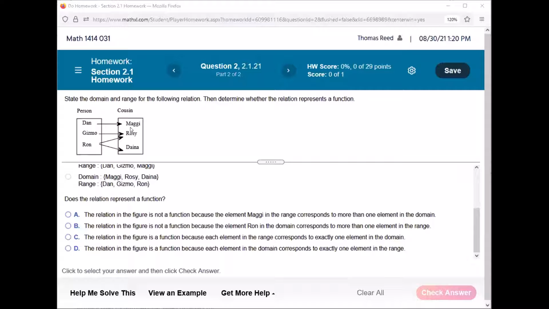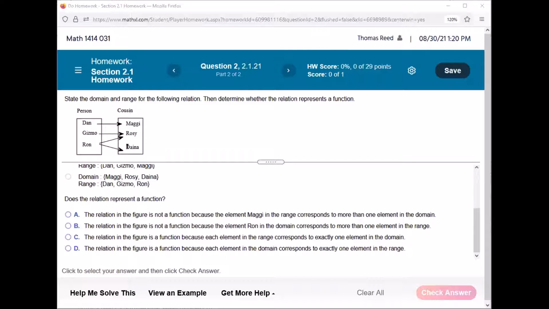Maria, Fernanda, why did you say no? Because Ron has two names in the Y values. Ron goes to two different cousins. So because Ron goes to two different cousins, it's not a function. So Ron would have to only go to one name over here.